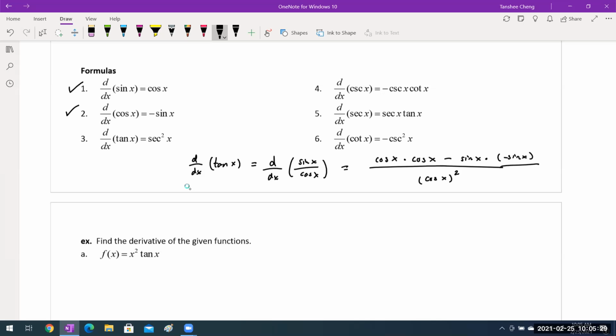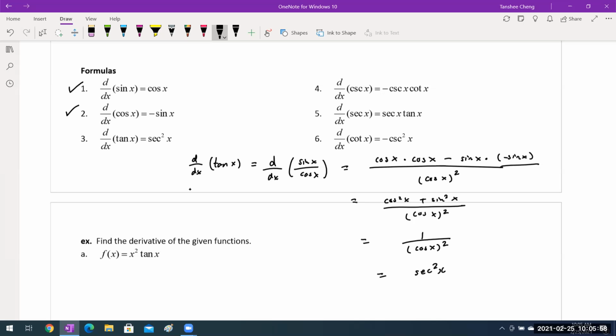So when we look at this, that becomes cosine squared x plus sine squared x in the numerator, all over cosine x quantity squared. And this is basically 1 divided by cosine x quantity squared, which is the same thing as secant squared x. So that's why the derivative of tangent x is equal to secant squared x.